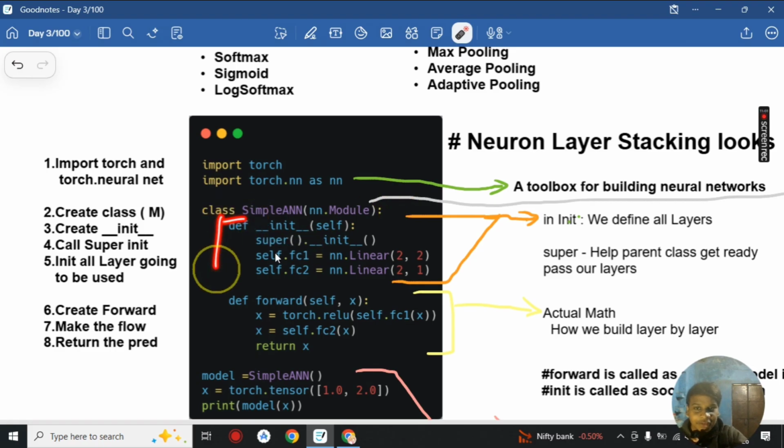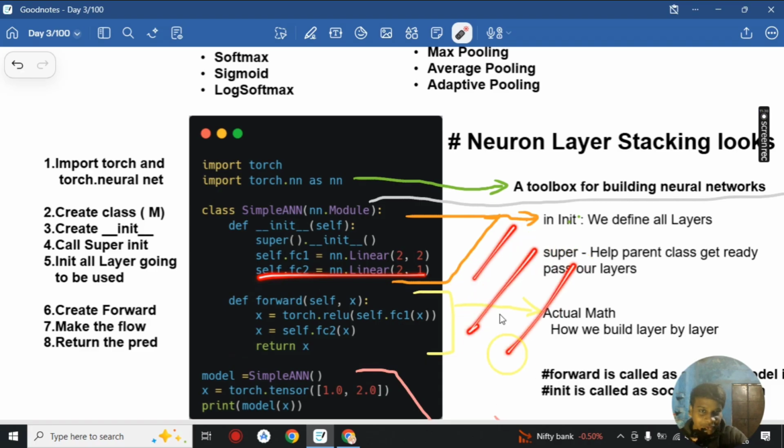In def __init__ we first call the init function to tell the nn.Module that we are going to define layers here, and then we define basically all the layers which we would need in future. Then in def forward we stack all layers one by one for the whole mathematical path.